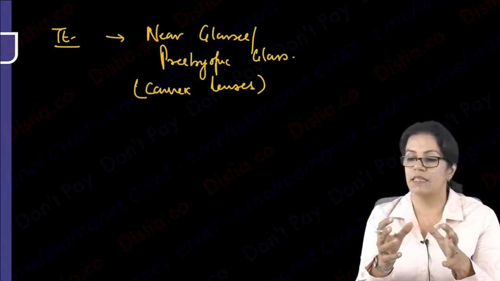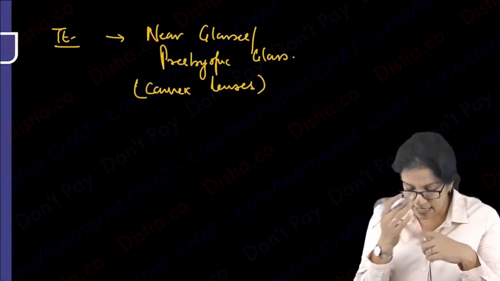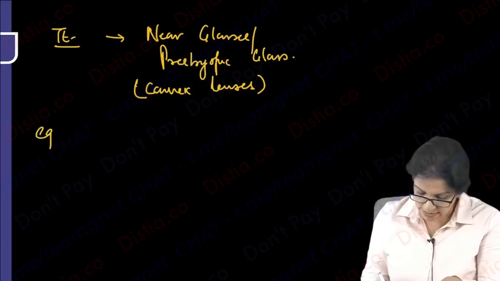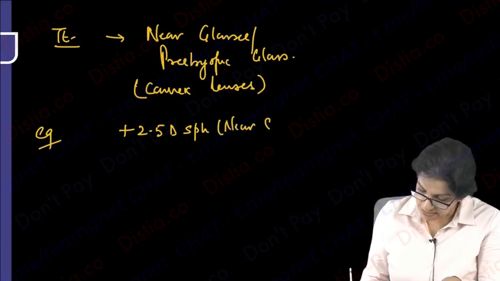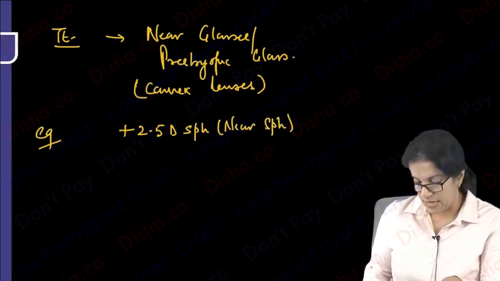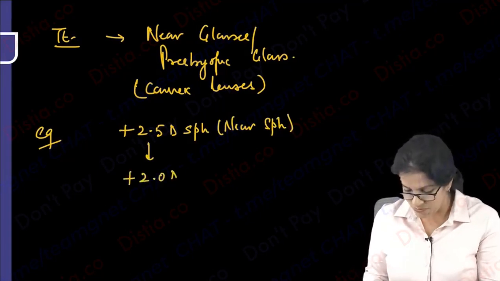He's 65 years of age. I do his refraction. He is already using, this is an example, a near glass of plus 2.5 diopter spherical. Now when I do his refraction, I realize he now needs only plus 2.